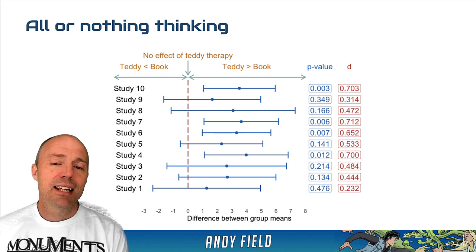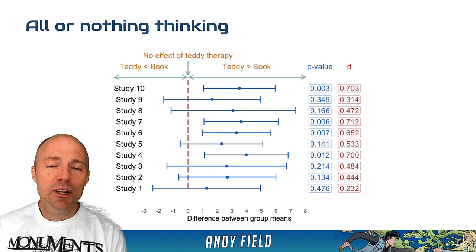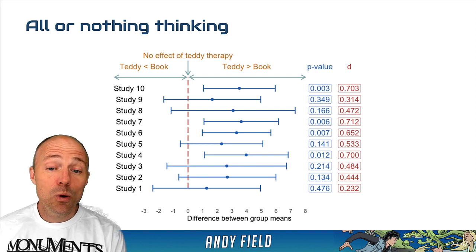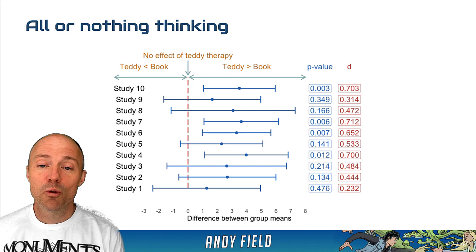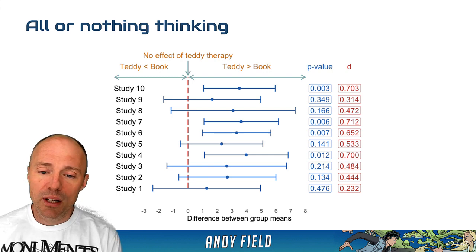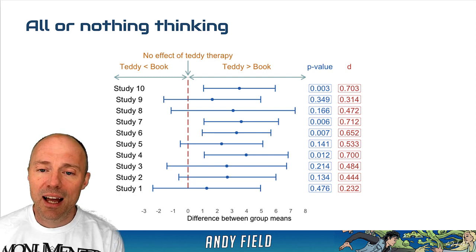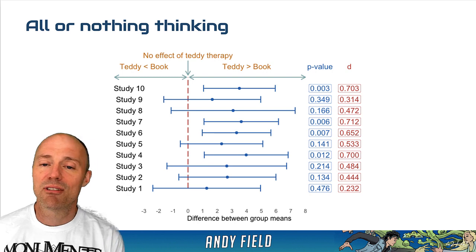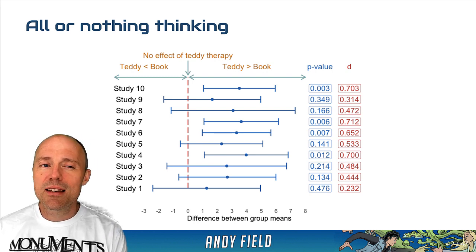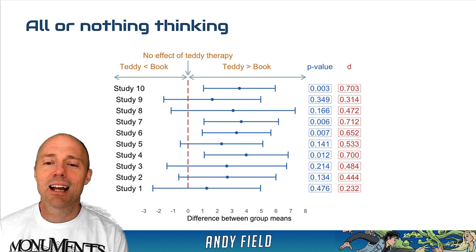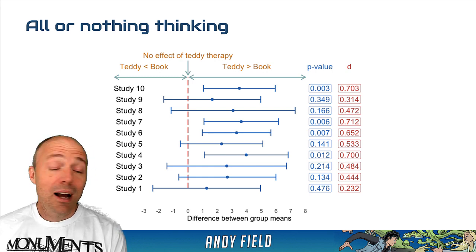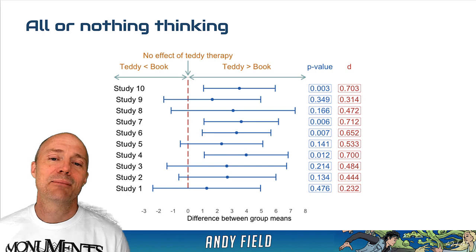All the studies, d is positive. And also, if we look at the magnitude of d, it's also fairly consistent. Most of the Cohen's d's fall between 0.45 and kind of 0.7. So there's actually a reasonably narrow range of effect sizes here. But again, we can see consistency here.